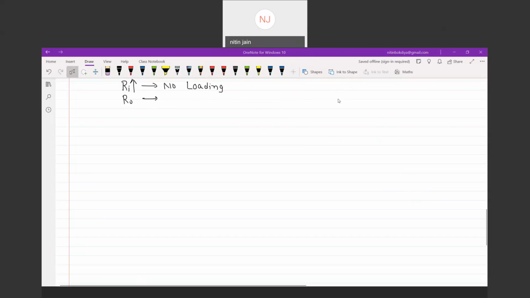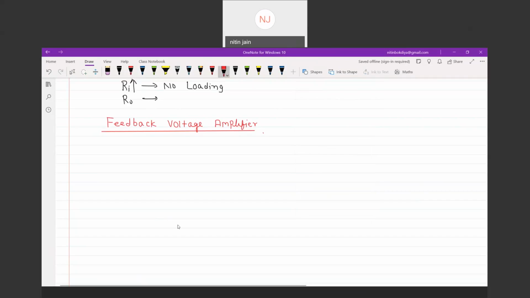So let's analyze one feedback voltage amplifier and how it works.